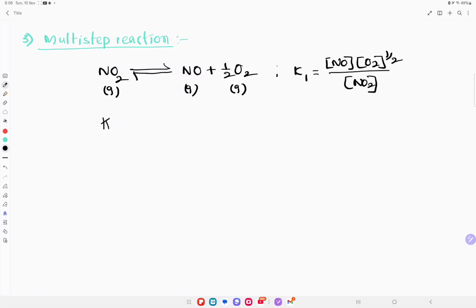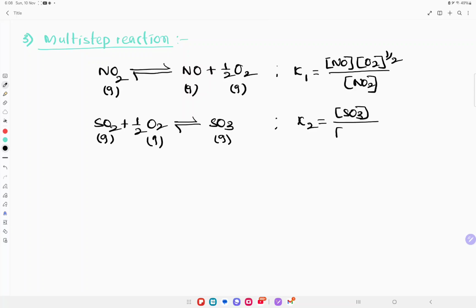Consider equation 2, that is SO2 gas plus half O2 gas gives rise to SO3 gas. For this reaction, equilibrium constant is equal to molar concentration of SO3 by molar concentration of SO2 into molar concentration of O2 power 1 by 2.